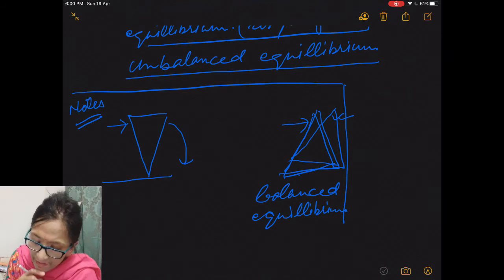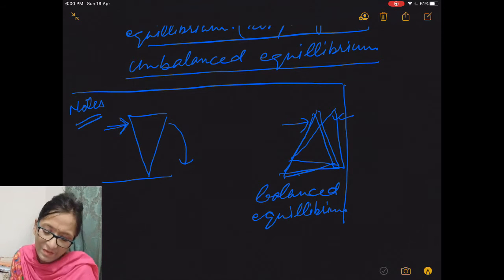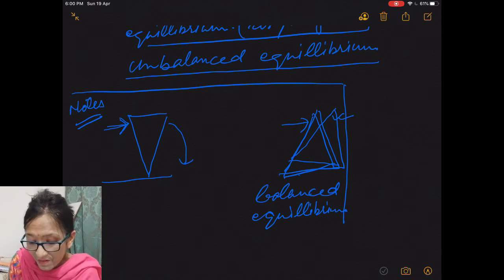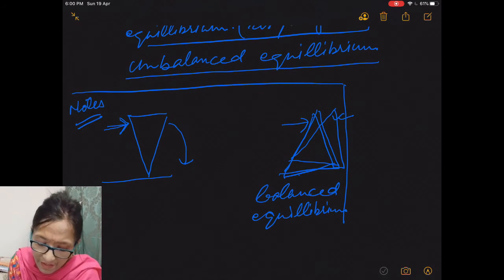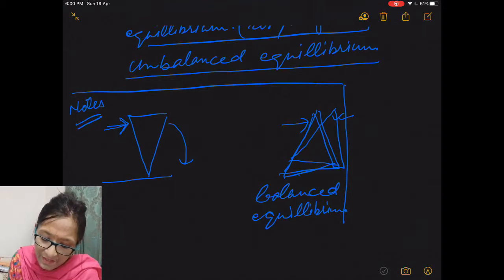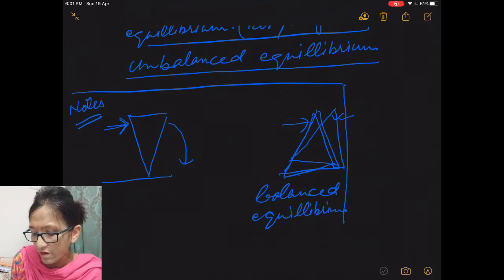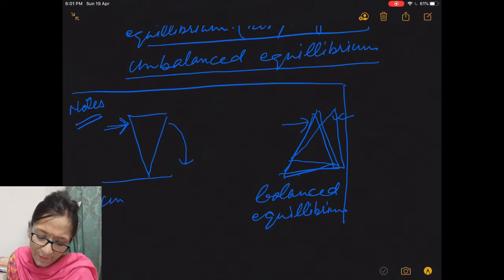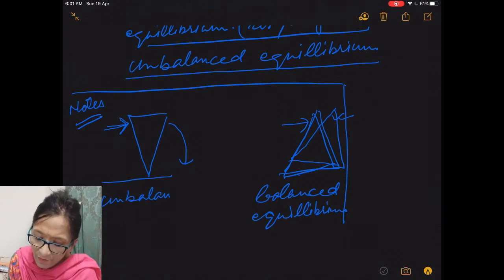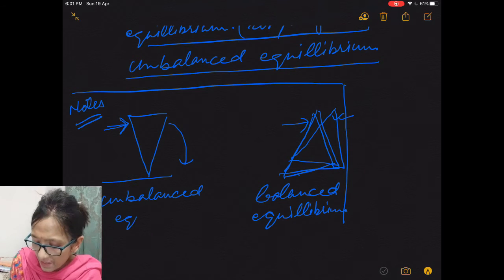But in this very first case, what we observe is that a slight application of a slight force makes this keep fall, and in each and every case the keep will fall. So this is the case of equilibrium, standing it is, but such equilibrium is called unbalanced equilibrium.